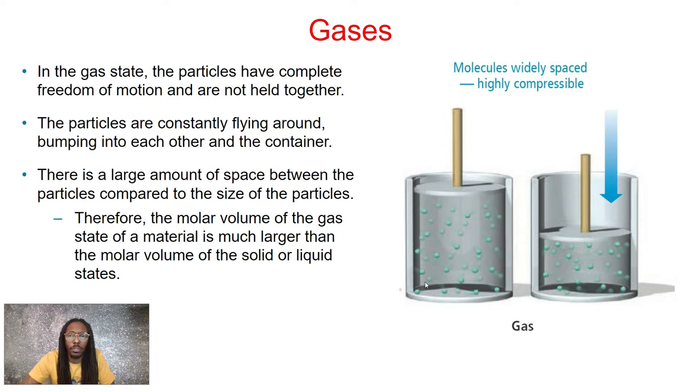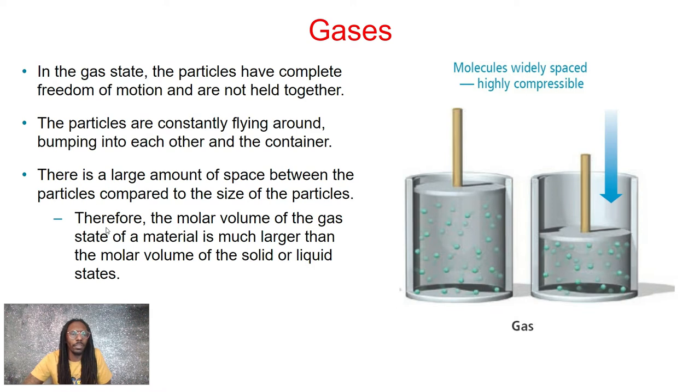What we also see about gases is there's a large amount of space between the particles compared to the size of the particles, like I mentioned before. Because of this huge difference, we're going to see a lot more area for our gas particles to move around in.